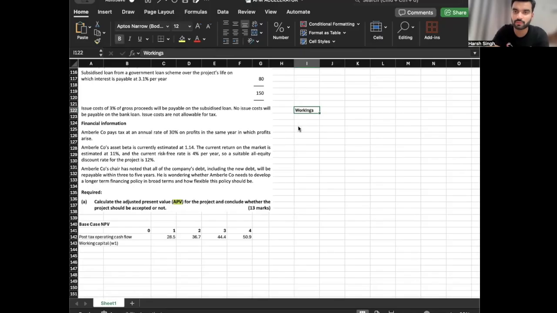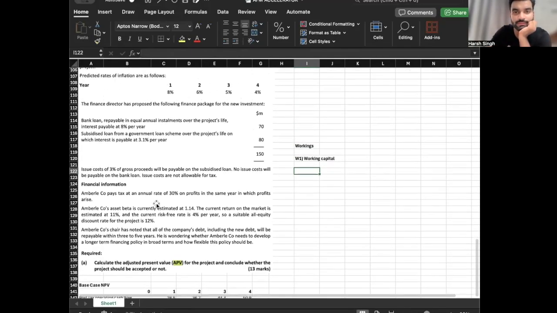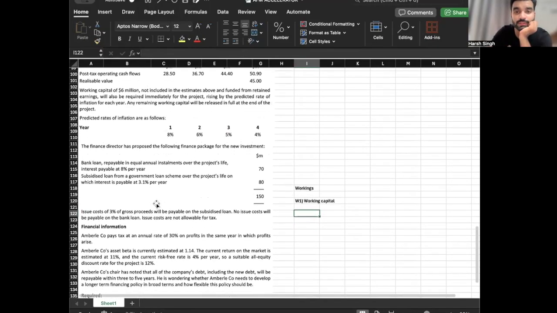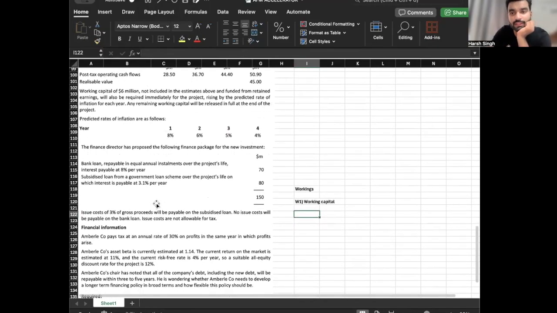Working one will be your working capital. Now, what do we have in working capital? 8%, 6%, 5%. 6 million is required at the start.